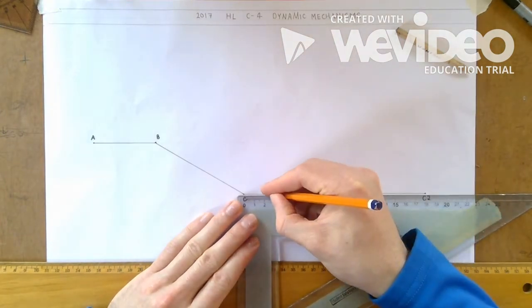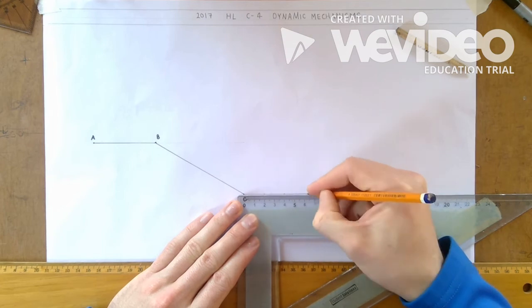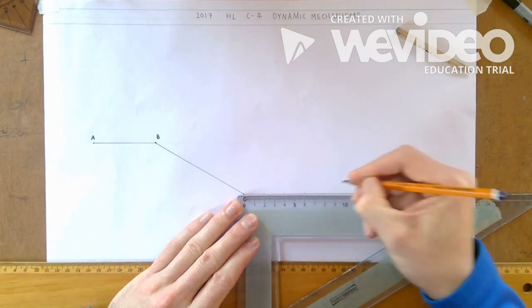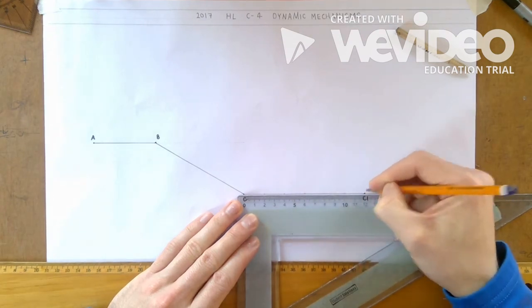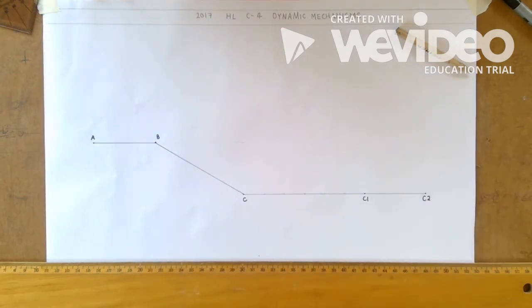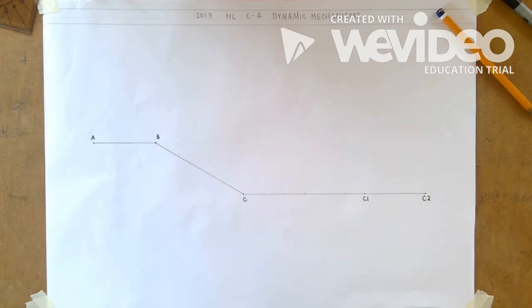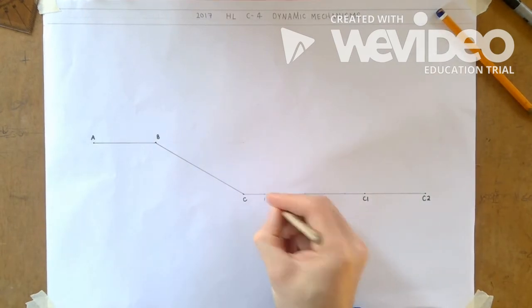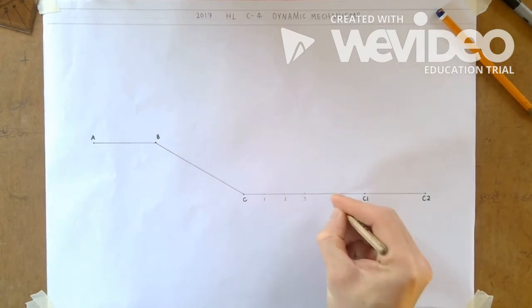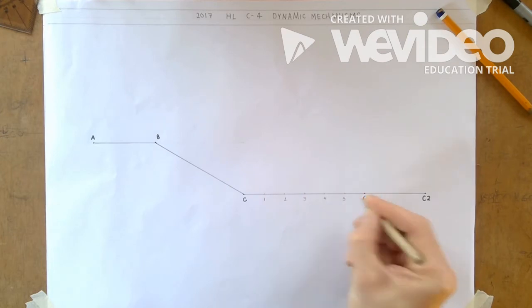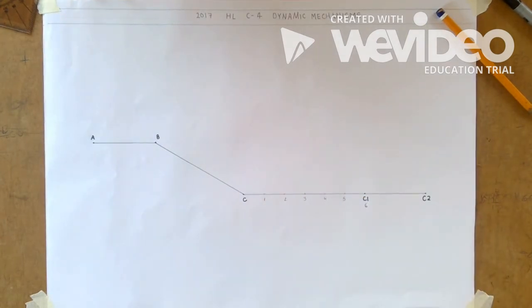So each part is going to be 20, 40, 60, 80, 100, 120. So we're going to label these 1, 2, 3, 4, 5, and then 6.